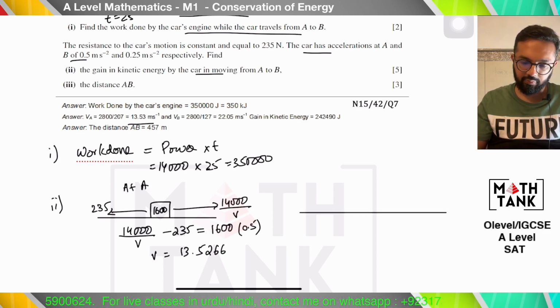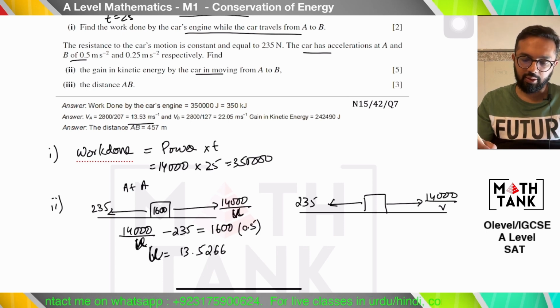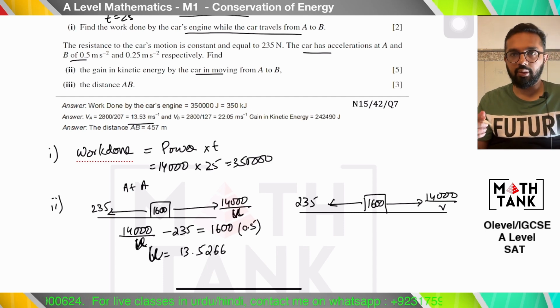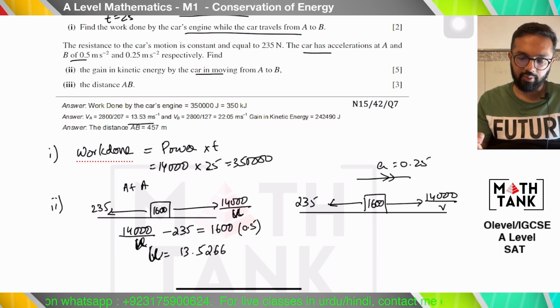And for the other part of the motion, I'm going to do 14,000 upon V again. Should have been U, call that U, that I can later call V. 235, 1600, and the acceleration is now 0.25.